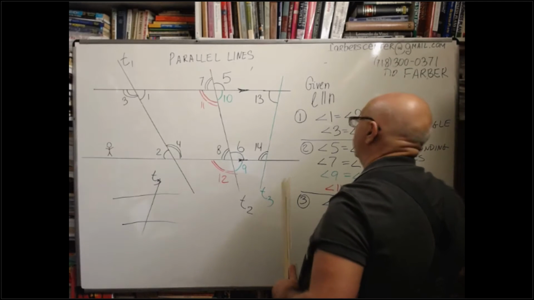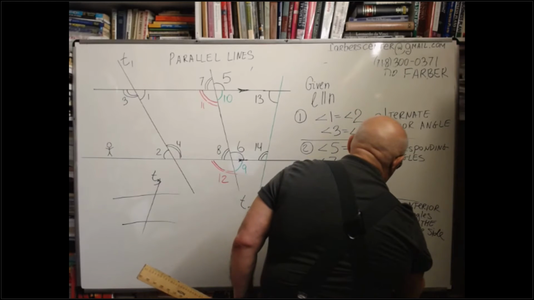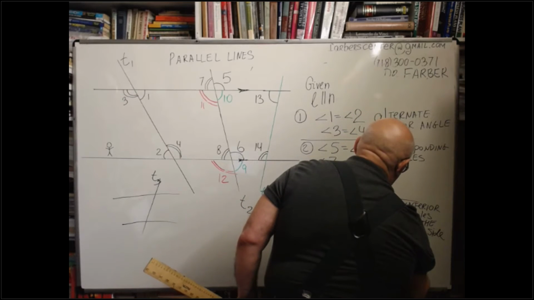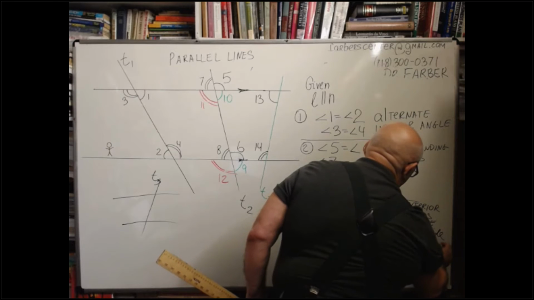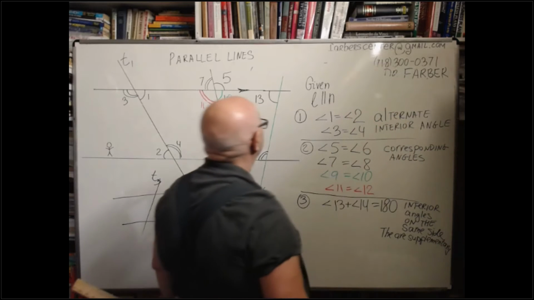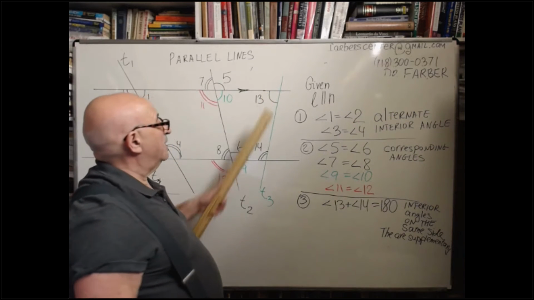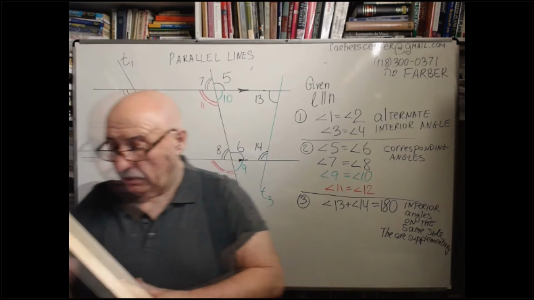And they have property. They are always supplementary. What is it? Total of them always 180 degrees. This plus this 180 degrees. Or I take different color.